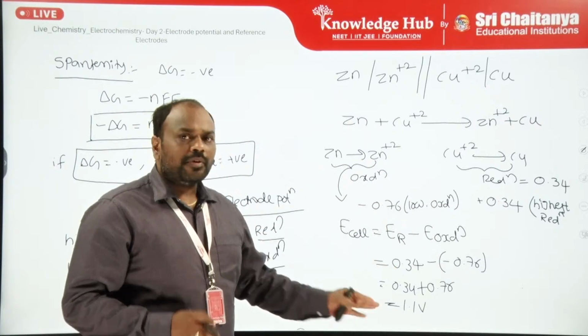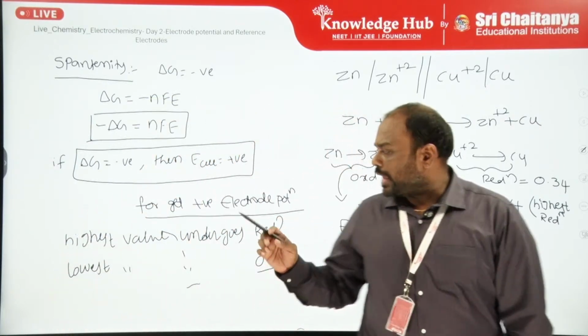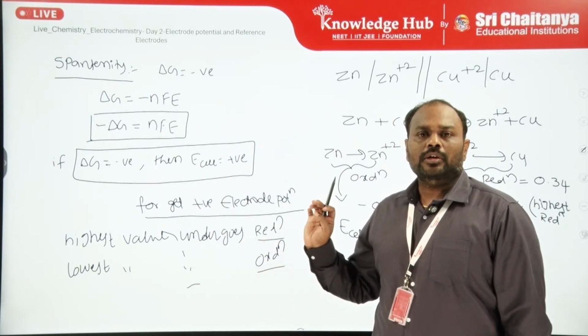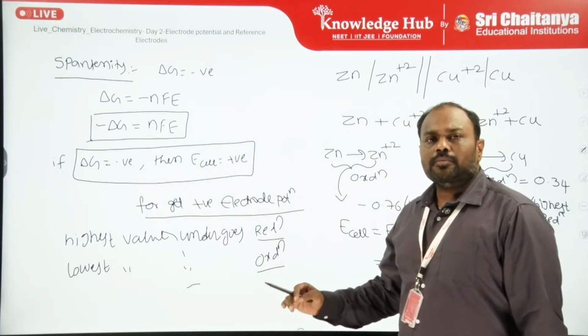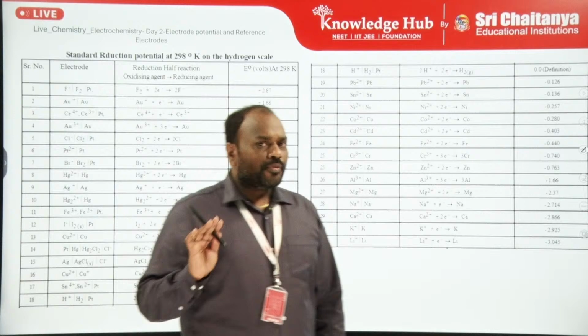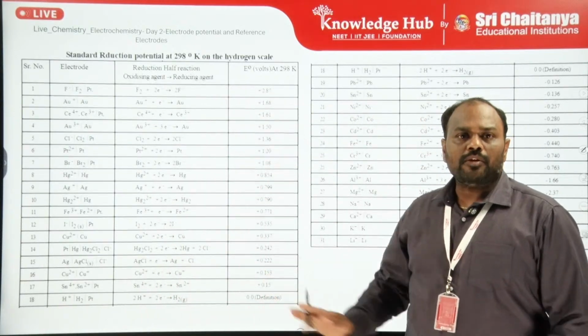Based on this, we identified that whichever value is highest undergoes reduction, and the lowest value undergoes oxidation. All potentials are always measured in terms of reduction potentials only. If you see the reduction potential values, these are reduction potential values.